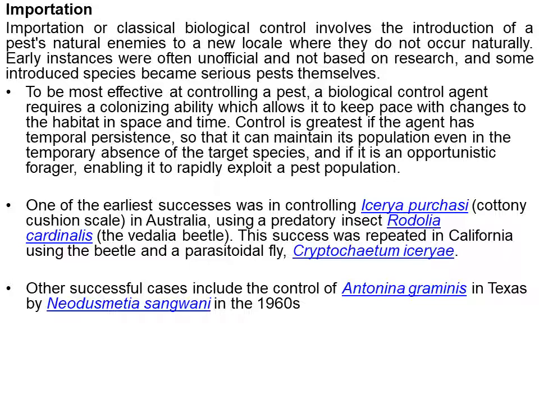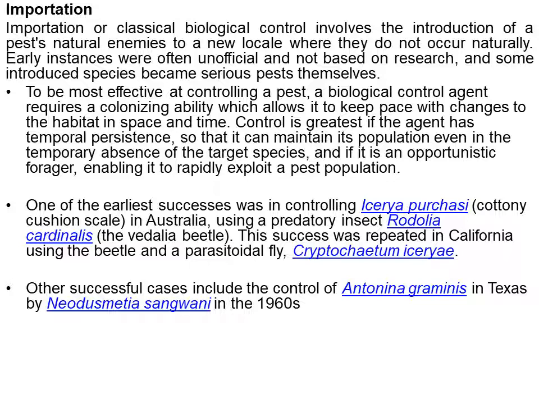Early instances were often unofficial and not based on research, and some introduced species became serious pests themselves. So this has to be taken care of, by researching on it, by studying the insects in detail, and then employing them as an agent of biological control.